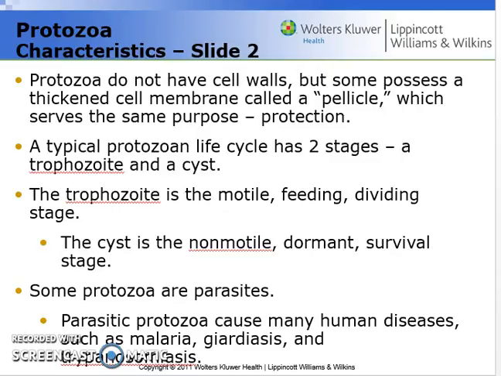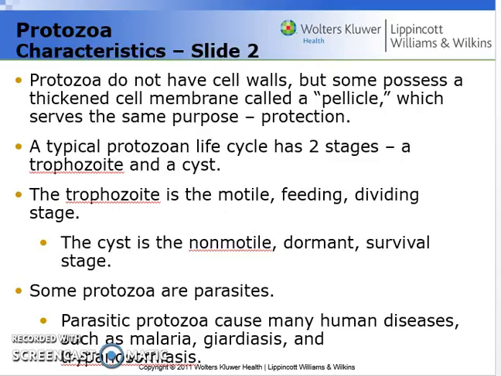Malaria, as you may well know, is transmitted to humans via mosquitoes, but it's not the mosquito that causes malarial symptoms. It's the parasite, the protozoan that lives inside of the mosquito, that gets transmitted in the mosquito saliva into the human when a blood meal is taken, and that can lead to the development of malaria.